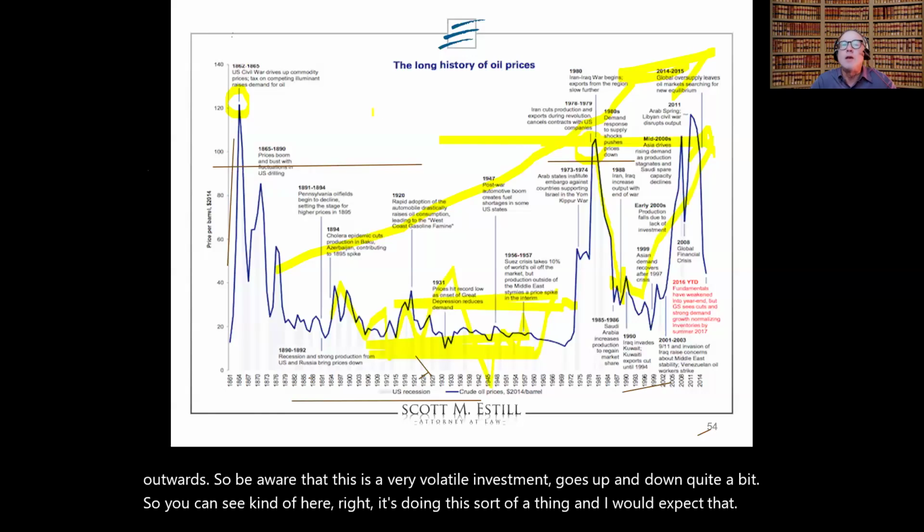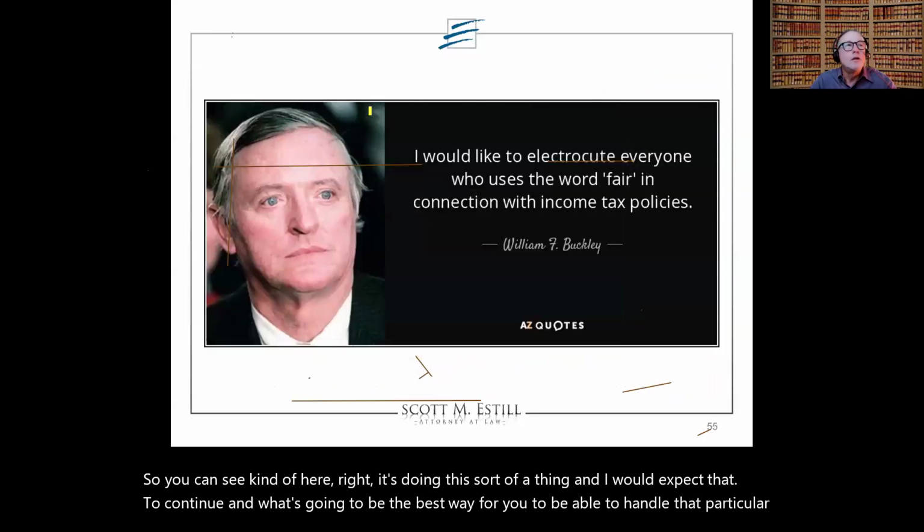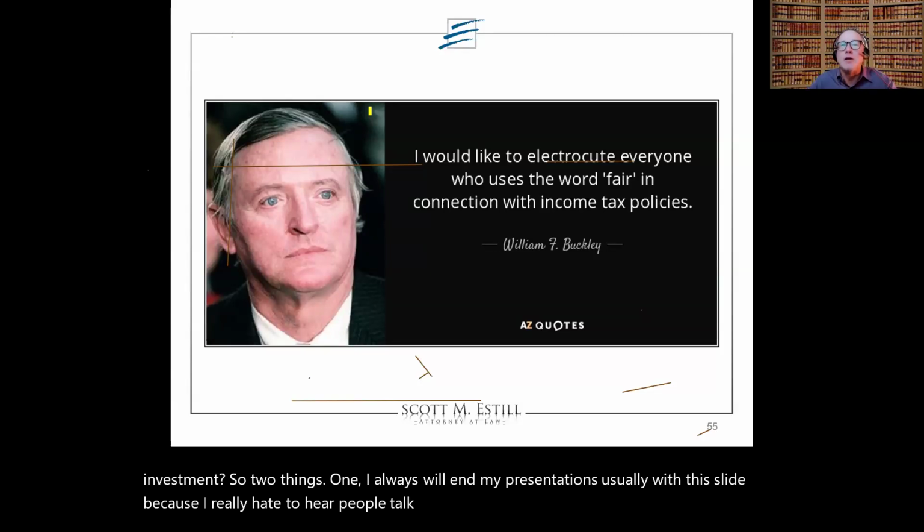And what's going to be the best way for you to be able to handle that particular investment? So, two things. One, I always will end my presentations usually with this slide because I really hate to hear people talk about how the tax code is unfair. Of course, it's unfair. It's unfair to all of us.